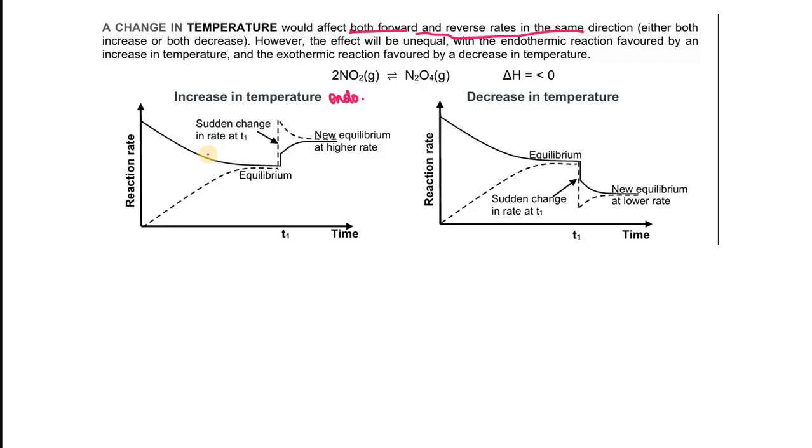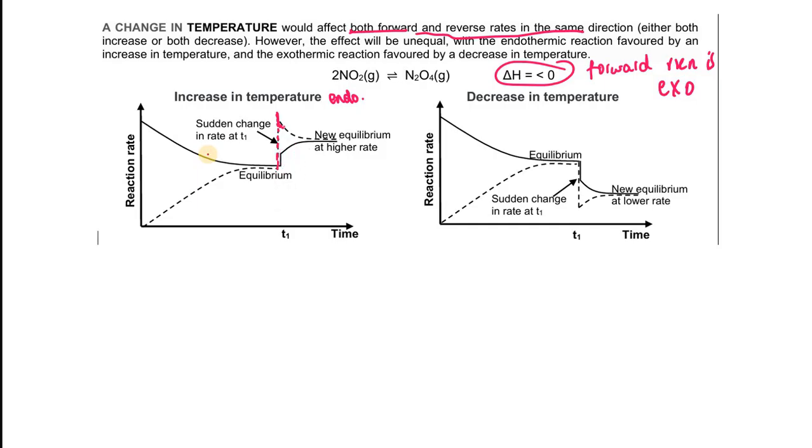So as you can see here, they told you that enthalpy is less than 0. This enthalpy is negative, guys. It tells you that the forward reaction is exo. If the forward reaction is exo, then what is the reverse reaction? The reverse means it's endo. So that is why the reverse is the one that increases compared to the forward, you see.